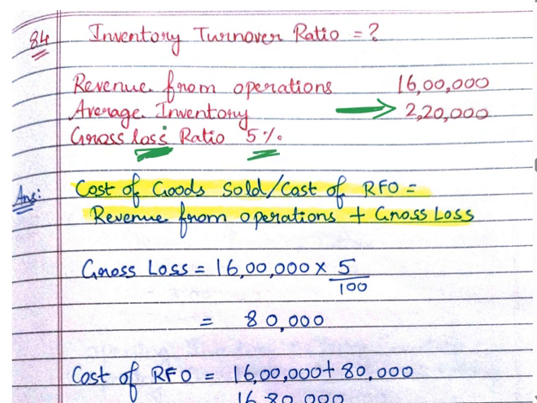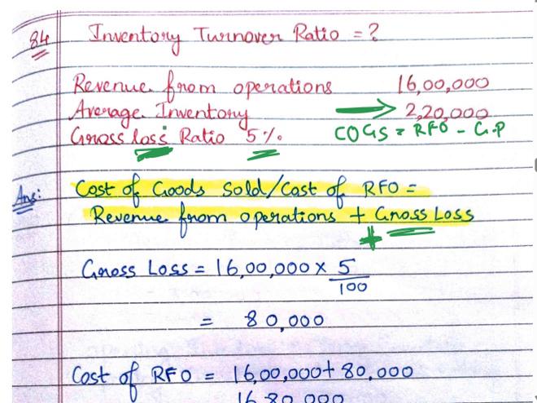Loss ratio is 5%. When you have gross profit, you subtract it from revenue from operation. Do you people remember that? Cost of goods sold is equal to revenue from operation minus gross profit. This was the formula. Now as it is gross loss, you add it back. So you are going to change only one sign when you have gross loss. You just need to add it.